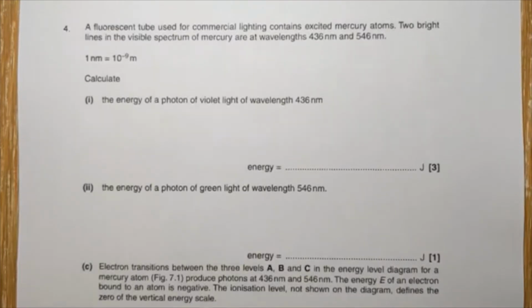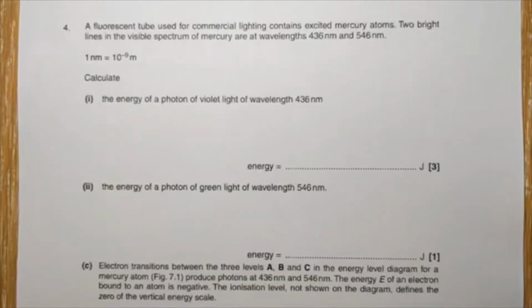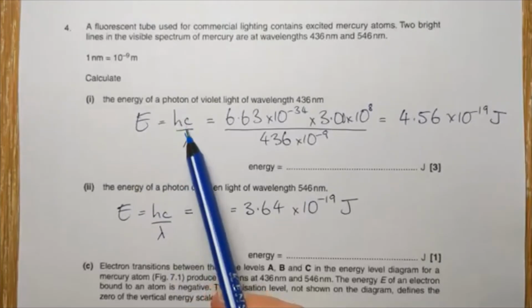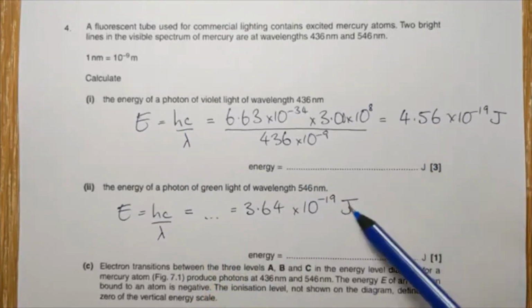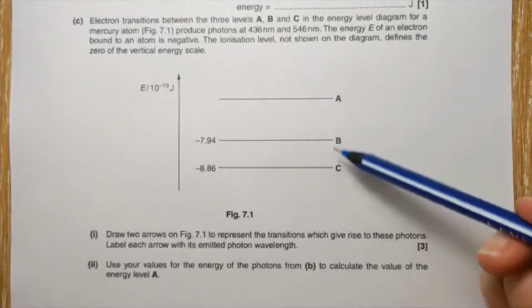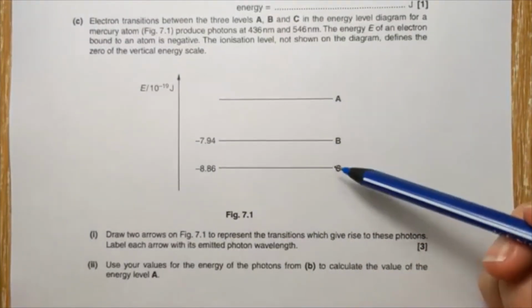And so for a bit more practice on emission spectra, here's another question. The energy of a photon is once again hc over lambda, and so there are our two energies. And now here are the energy levels that we're told produced those two photons.